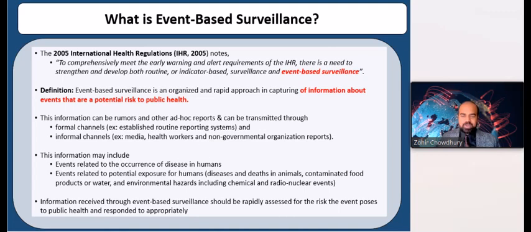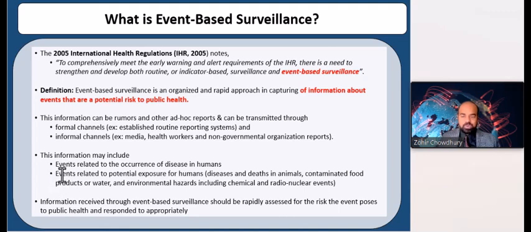And this information may include events related to the occurrence of disease in humans, such as clustered cases of a disease or syndromes, unusual disease patterns, or unexpected death as recognized by health workers and other key informants in the country.